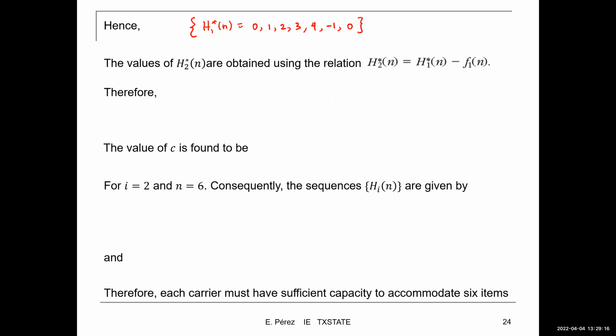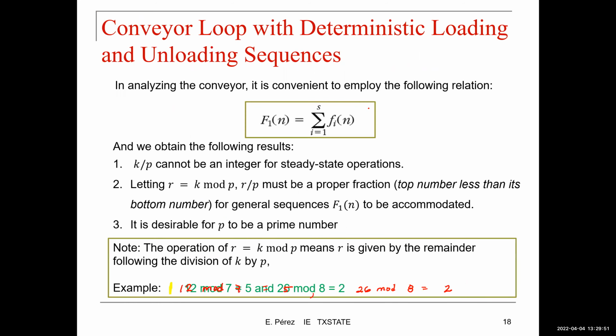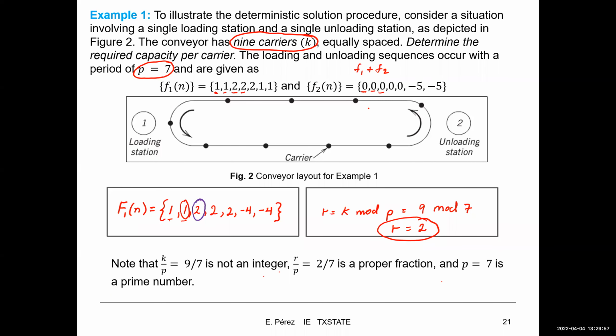Now we can compute the value for the other station. So H2 star of n will be equal to the values of H1 star of n, which are again 0, 1, 2, 3, 4, minus 1, and 0, minus the F values. So the F values of 1 are here.